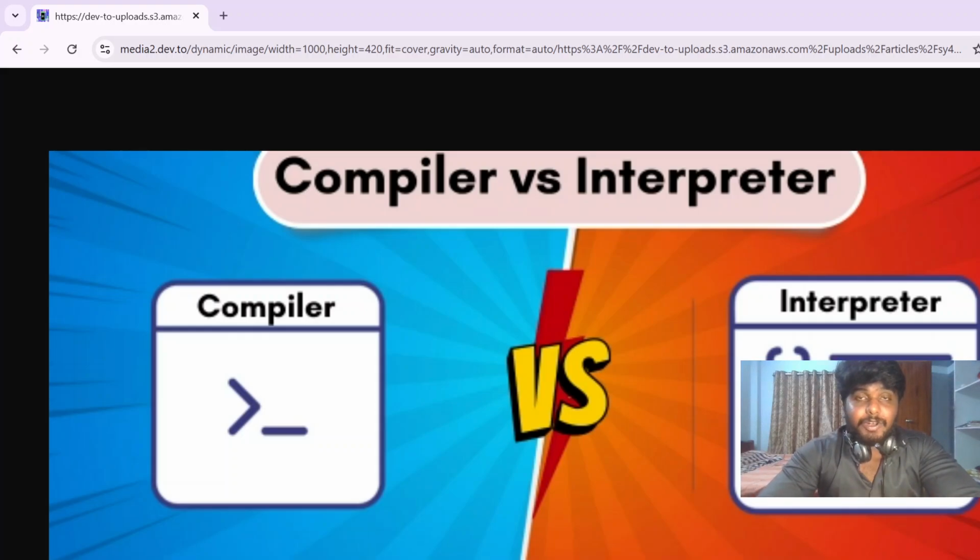So today I would like to discuss compiler versus interpreter. Generally, everyone gets doubts on this topic. Why do we use a compiler for some languages?